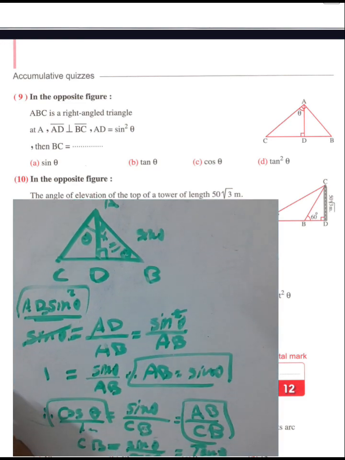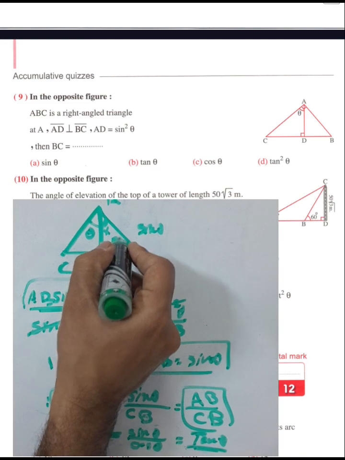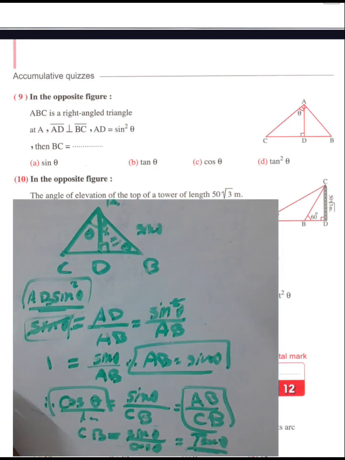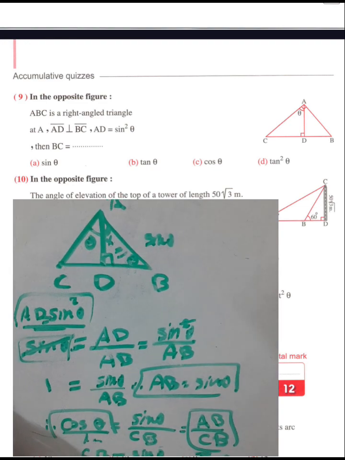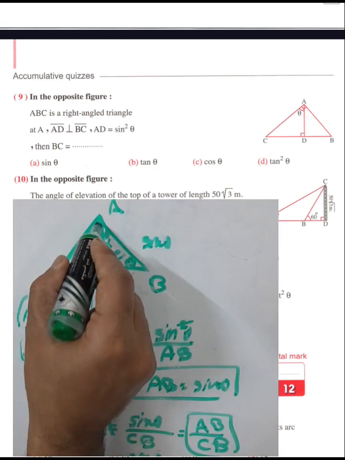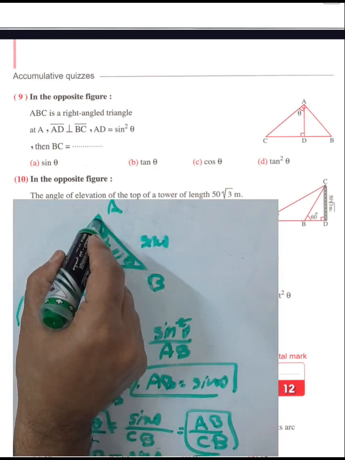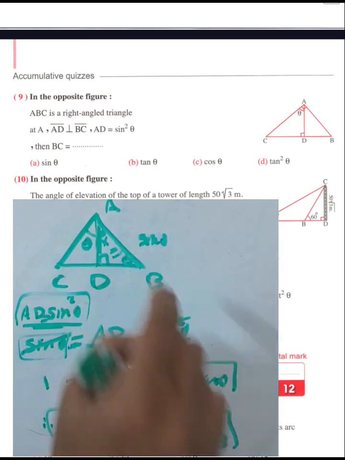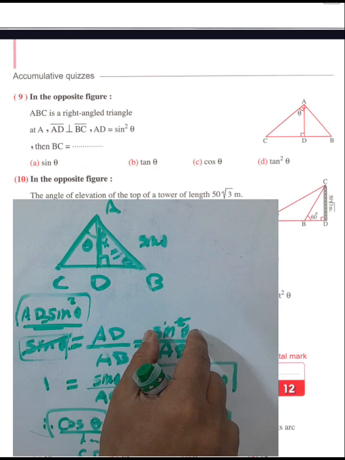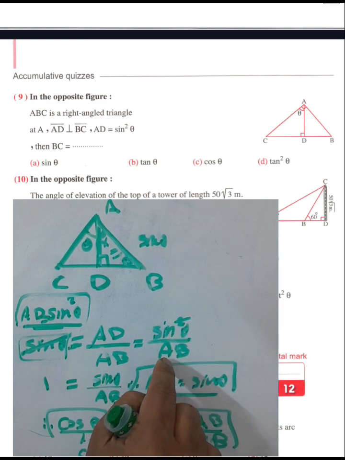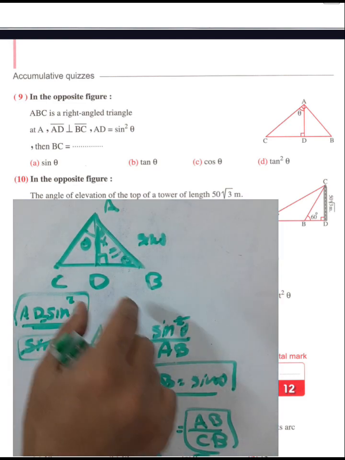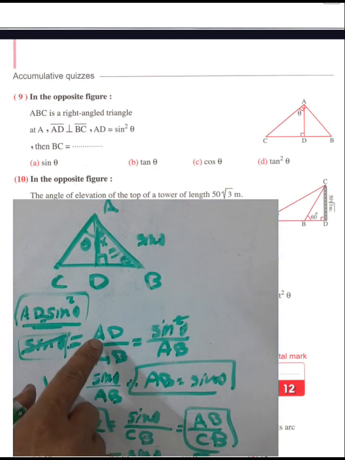From the smallest triangle we can write sine theta equals opposite ED over hypotenuse EP, and ED was sine squared theta over EB, right?